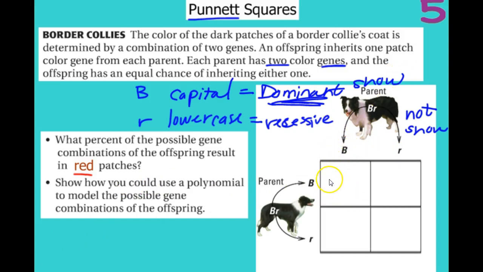So if this person is getting 1 B from here, and this person is also getting 1 B from here, in a Punnett square we write them next to each other instead of writing B squared. We write B, B, just next to each other. The dominant, or the capital letter, always comes first. We have a B and an R. And down here, we have one big B and one little r. And down here, we just have two little r's.